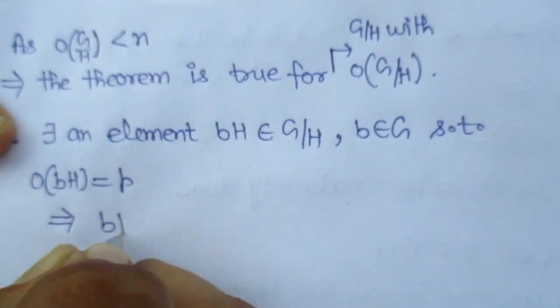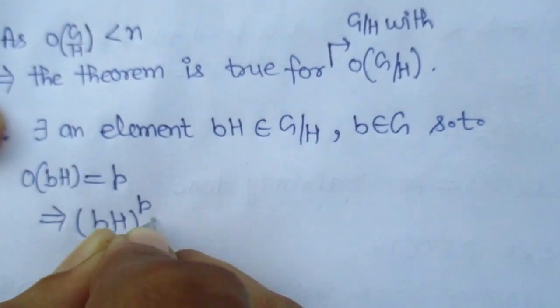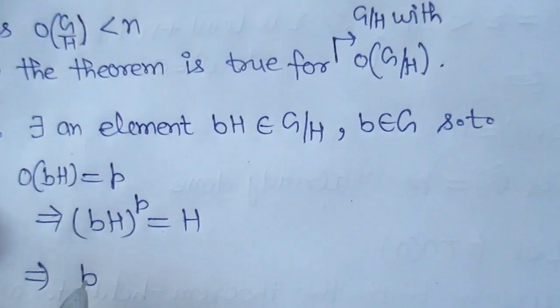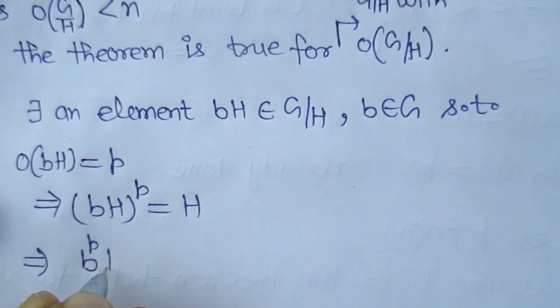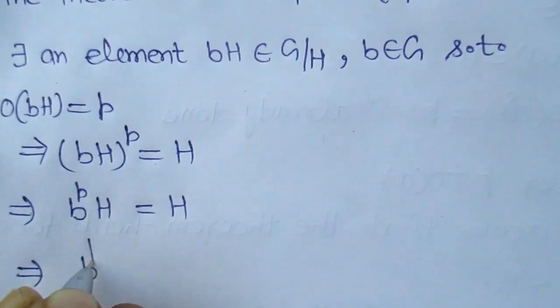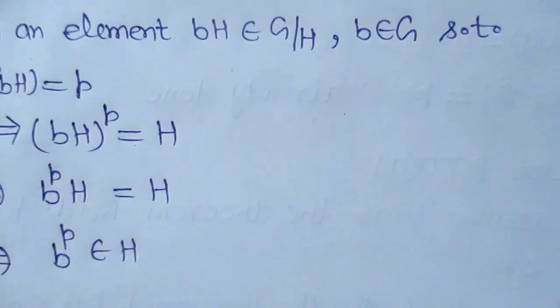It implies (bH) raised to power p is equal to the identity of G by H, that is H. It means b raised to power p H is equal to H. It means b raised to power p belongs to H.